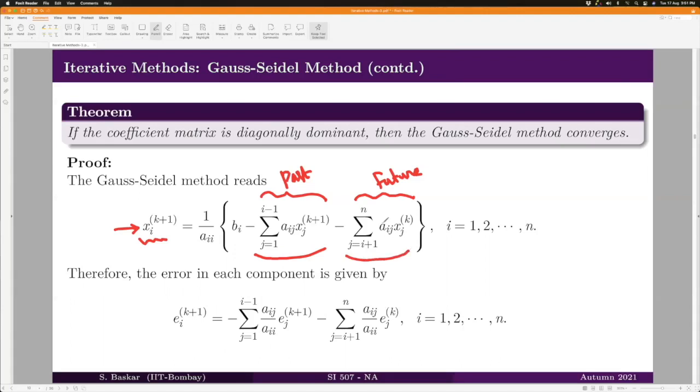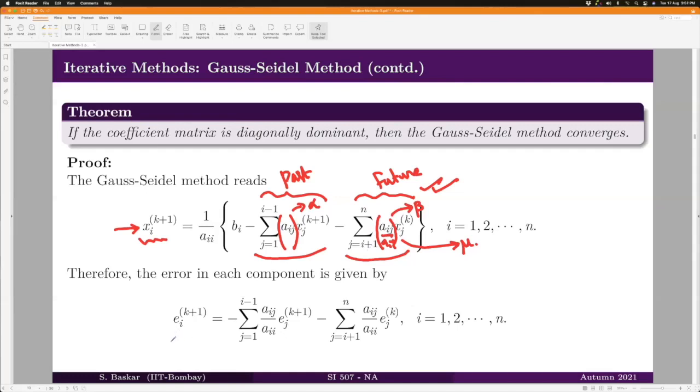In the Jacobi method, we had only one term, and we took this part, divided by a_ii, as our mu. Now you have to take two parts, one call alpha and the other call beta, and deal with them separately. That's the only difference in the present proof. Otherwise, all the other ideas are exactly the same.